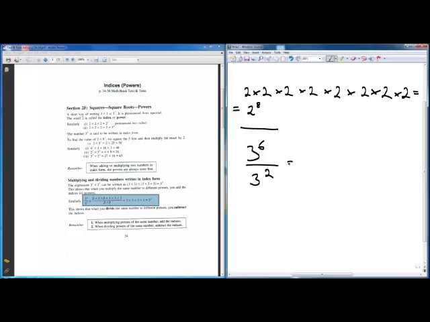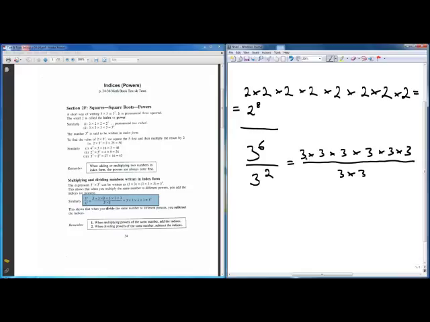So remember that we can write this as, of course, 3 times 3 times 3 times 3 times 3 times 3. So we have 6 times. And then over 3 times 2, which we can write as 3 times 3.